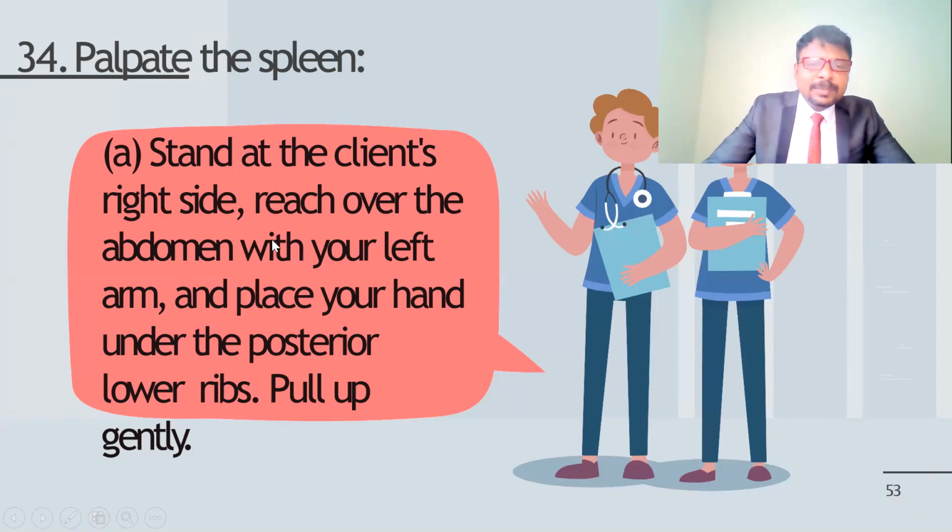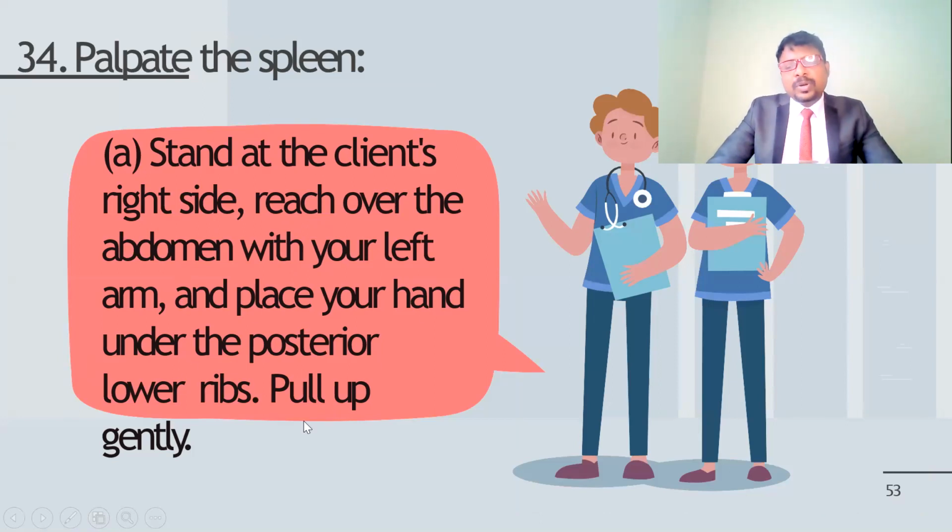Ask the client to stand on the client's right side, and reach over the abdomen with your left arm. Place your hand under the posterior lower ribs and pull up gently.